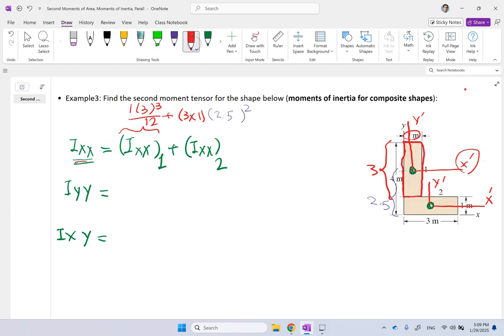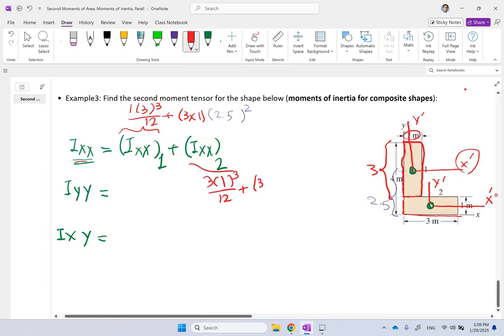Now for shape 2, what do we do? For shape 2, the width of it is 3, the height of it is 1. So for this x prime axis, it's going to be 3 times 1 cubed over 12, plus the area of this, which is again 3 times 1, times the distance between this x prime and this x, which is half, squared.